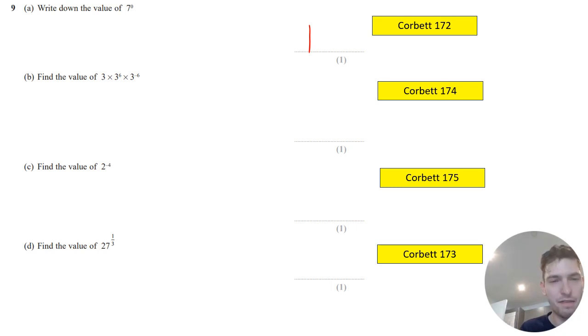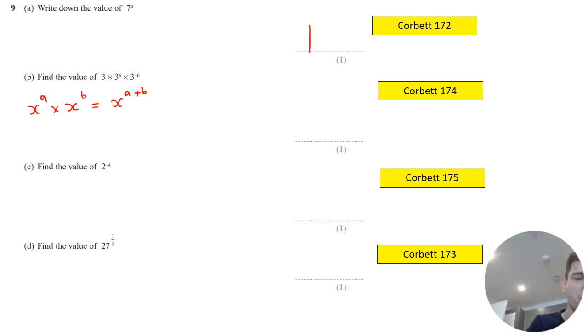Part B, find the value of 3 times 3 to the power of 6 times 3 to the power of minus 6. Okay, well, I know that if I'm multiplying two indices of the same base, I add the indices. So what I need to do here is, because my base is all 3, I need to add the indices.